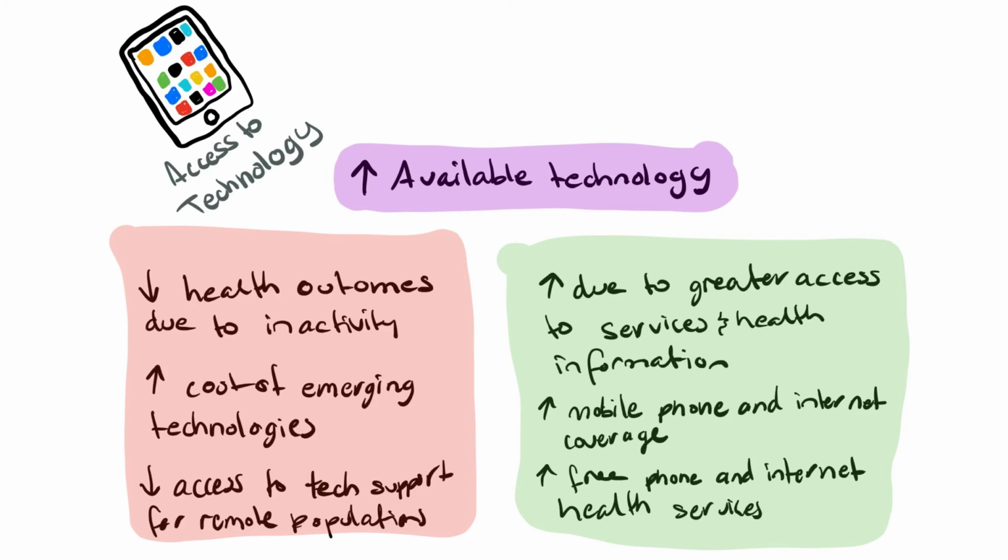If we look at the concept of the increase of mobile phone coverage, that's obviously really important for rural and remote populations so that they can actually get in touch with health services such as the Royal Flying Doctor Service. So prior to mobile phone coverage or the concept of the 5G network, a lot of really remote populations may not have even been able to have mobile phone coverage.